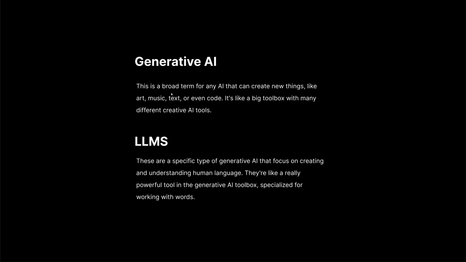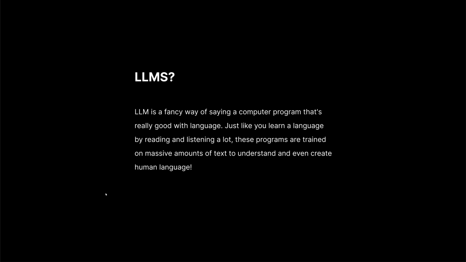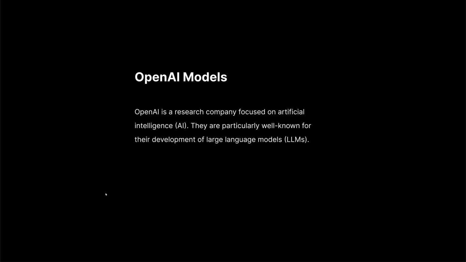Okay, so this is just a basic definition of generative AI. But now let's talk about LLMs. These are a specific type of generative AI that focus on creating and understanding human language. They are really powerful tools in the generative AI toolbox, specialized for working only with words. Okay, so that was a lot of theory, but now let me get into the actual content.